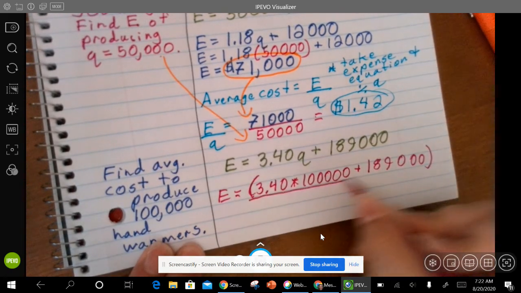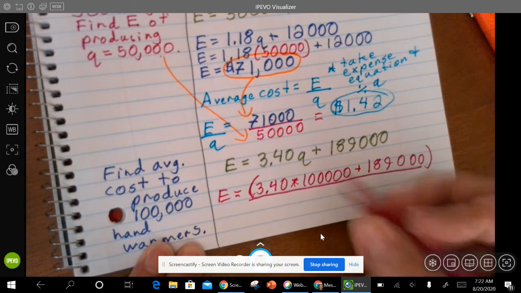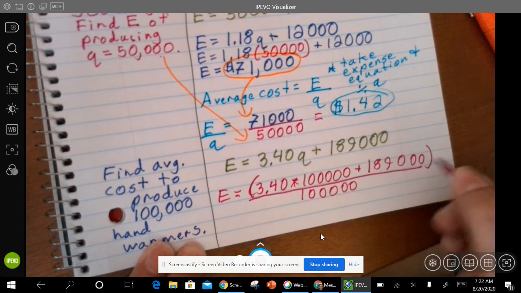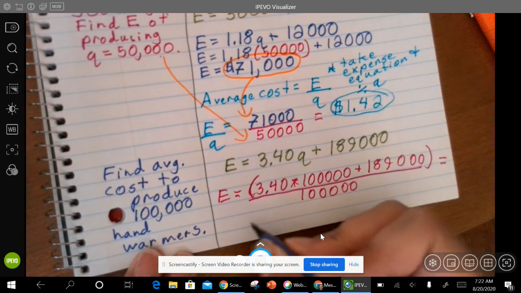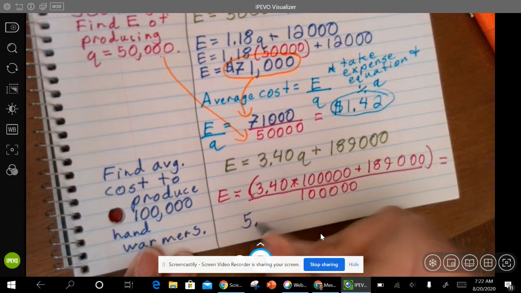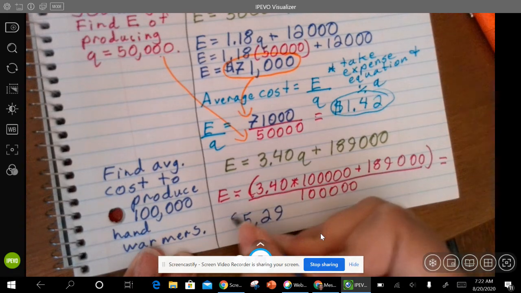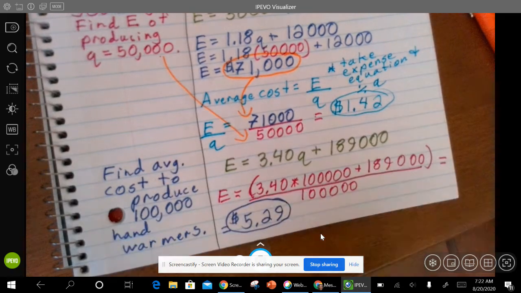We have to do the parentheses, everybody, so that it multiplies and adds this together before it divides by 100,000. So you're going to put that on the calculator, everybody. You can use decimals if you want to. It'd be $5.29, everybody, is the average cost. Okay, you got this.